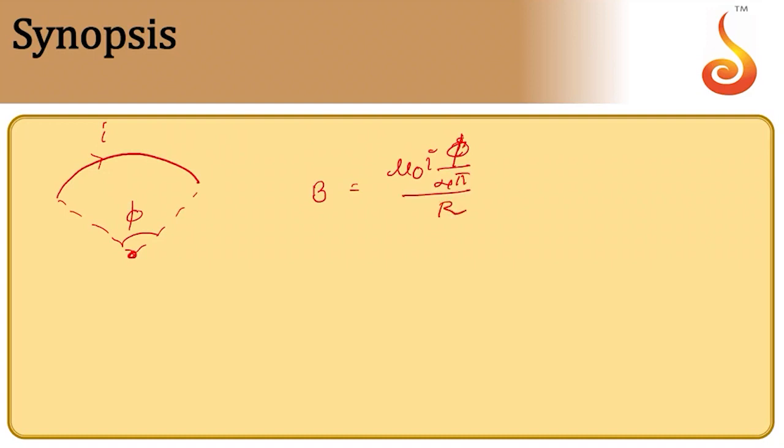So magnetic field due to a part of the circular current carrying loop subtending an angle phi at the center is given by mu naught I phi divided by 4 pi r. This is pretty simple. The fraction of a turn corresponds to an angle phi divided by 2 pi. That's as simple as that. So the magnetic field is given by this simple expression due to a circular portion of the current carrying conductor.